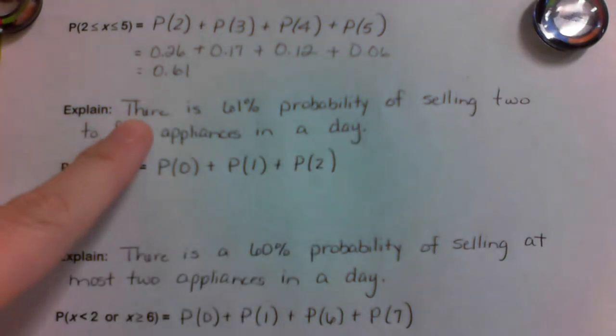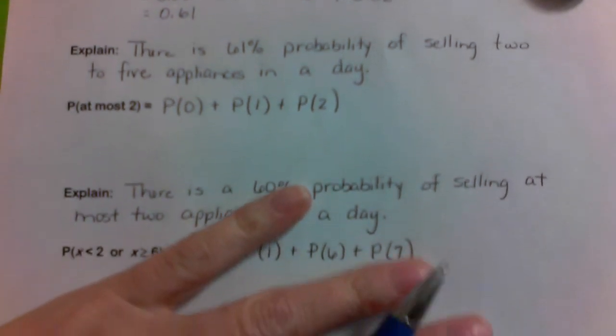So you might word it as there is a 61% probability. Now notice when I am explaining and putting it into a sentence, I can convert it into a percentage. If you leave it as a decimal, that's fine. There is a 61% probability or chance of selling 2 to 5 appliances in a day. And that would be all I would be asking for.